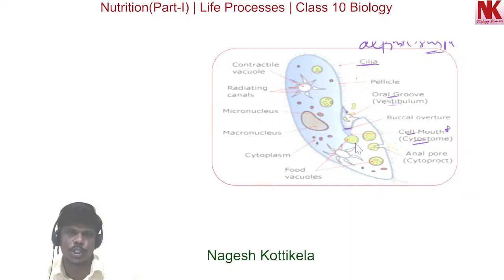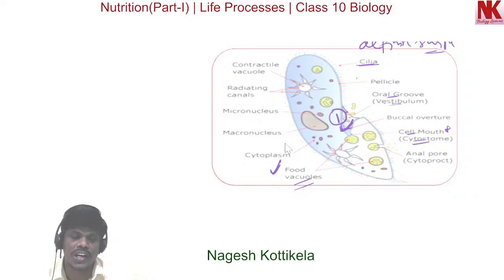Food enters inside. Once the food enters, it is inside the food vacuoles. We discussed already that the second step is digestion of food, and the food vacuoles perform this role. Complex food materials break down into simpler substances in the food vacuole. So through the cell mouth the food is ingested, the first step. The second step, digestion, takes place inside the food vacuole.